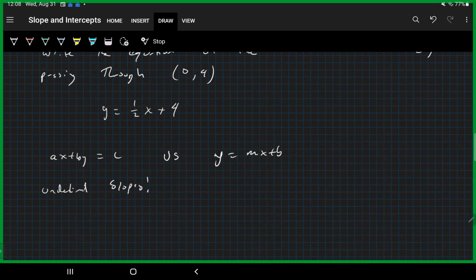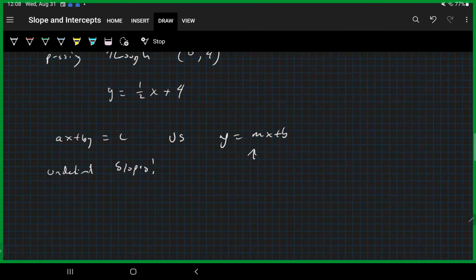We can't plug in undefined into that formula here. It turns out that vertical lines have the equation of x equals a. And it could be a positive number, negative number, 0. It doesn't really matter, but there is no y value because this does not depend on y at all.